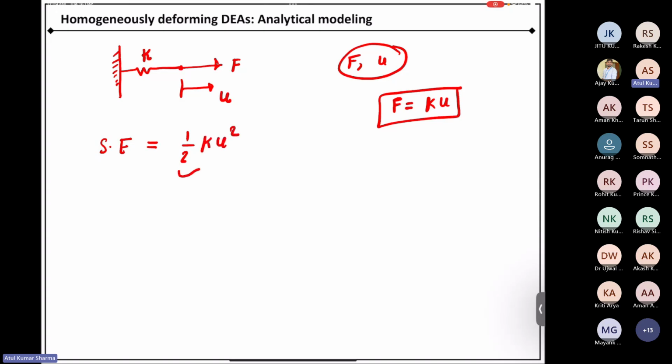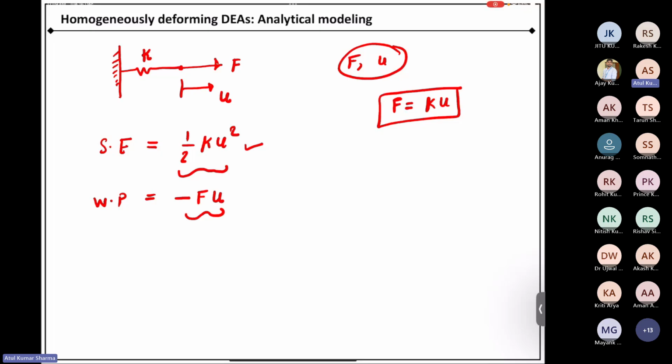And the work done by the force, which we also consider as work potential, is the negative of the work done by the applied external force. That will be nothing but minus F into u. That is the external work done, and this is the energy stored in the body when it undergoes a displacement of magnitude u.